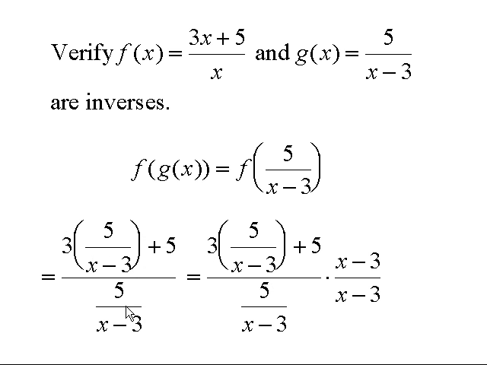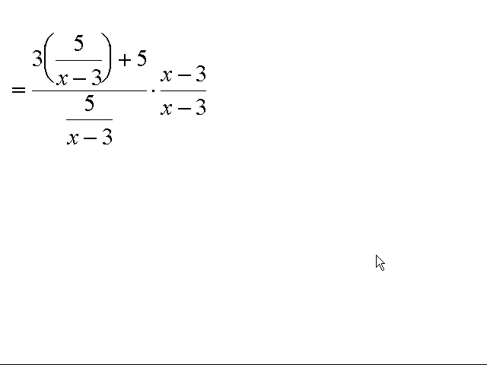And if we do that, let's see, now it'll cancel. I'll do that on the next slide. So that's what we have, and let's multiply through the top. The x minus 3 cancels, so it's 3 times 5 is 15, and 5 times x minus 3.